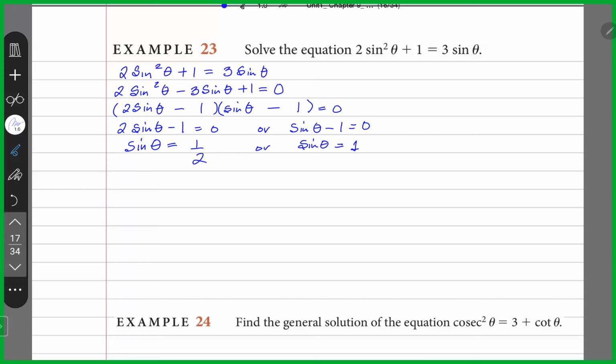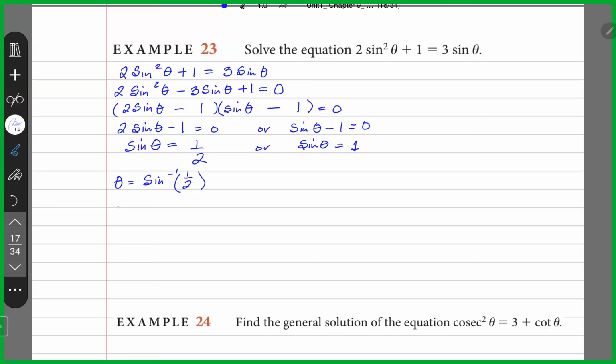Working with the left-hand side first, theta is equal to sine inverse a half. Now, since the examiner did not give me a range for my answers, I'm going to write my answer as the general solution for sine. So the sine of 30 degrees is a half. So sine inverse a half is 30 degrees.